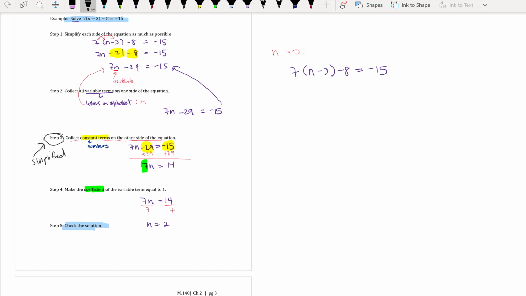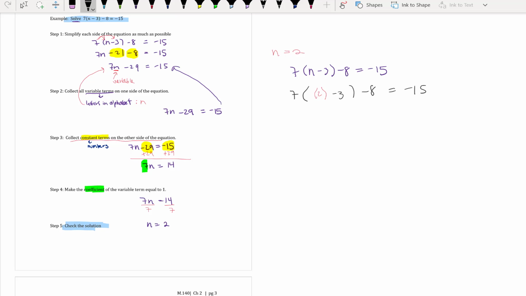So we already know that we would have a 7n. So now what we're going to do is plug in that n equals 2 value into this equation. So I have 7 parentheses, and I have that n value of 2 minus 3 minus 8 is equal to a negative 15.